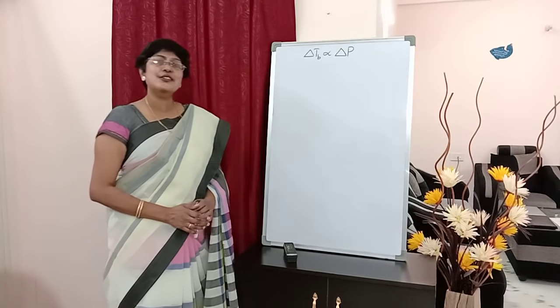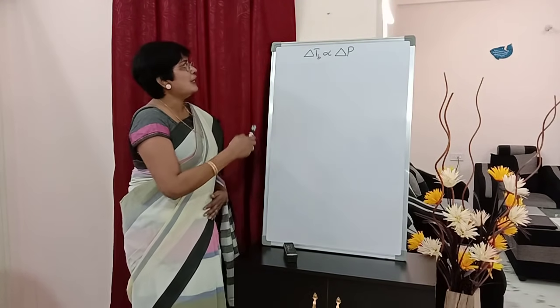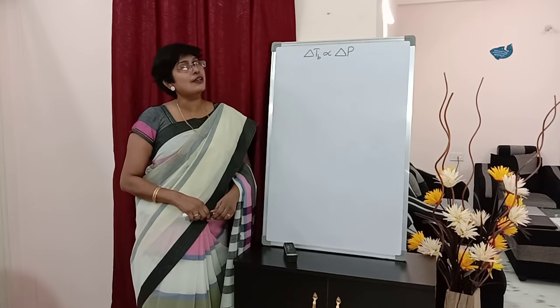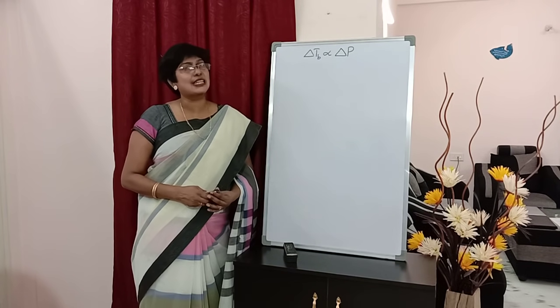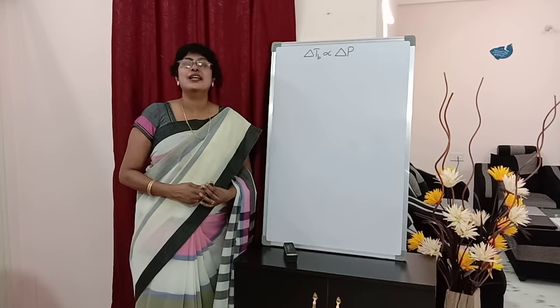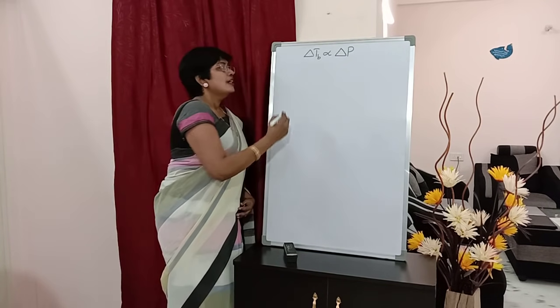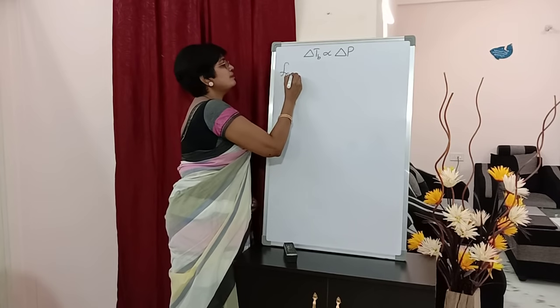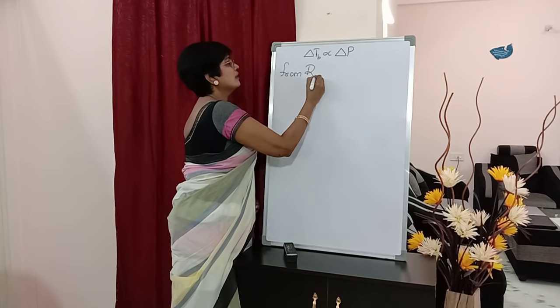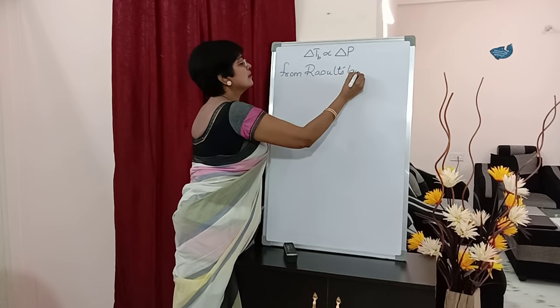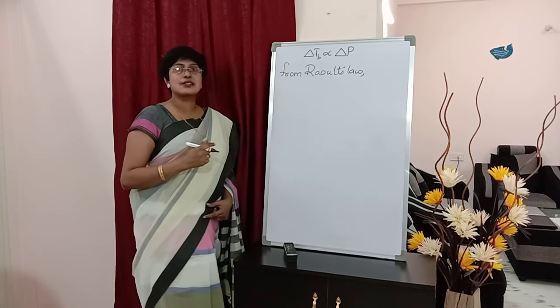Okay. Now let us continue, students. So delta TB is proportional to delta P. You all know delta P is nothing but lowering of vapor pressure. So continue, students. Here write down from Raoult's law.